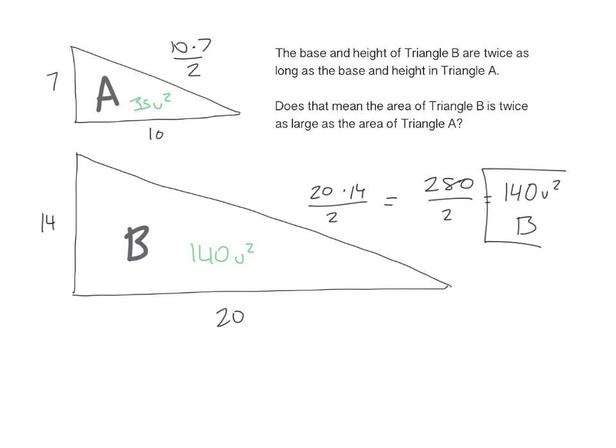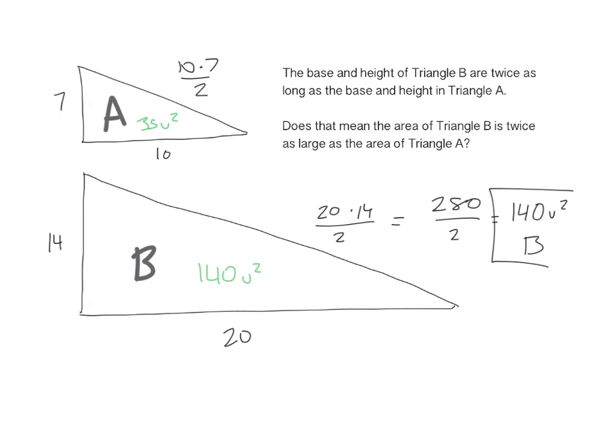Well, 35 times 2 is 70, and 70 is half of 140. So 35 times 4 would give you 140. So the area of B is actually 4 times the area of A, even though we only doubled the base and doubled the height. So really, all in all, the answer to our question is no.